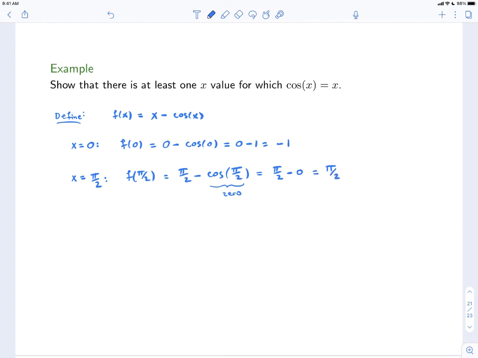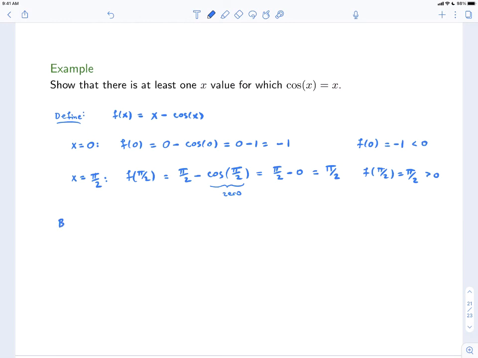What's important here is not the actual value, but the fact that it's positive. F of 0 was a negative number, f of 0 equals negative 1. It's negative. And f of pi over 2 is pi over 2, which is positive.